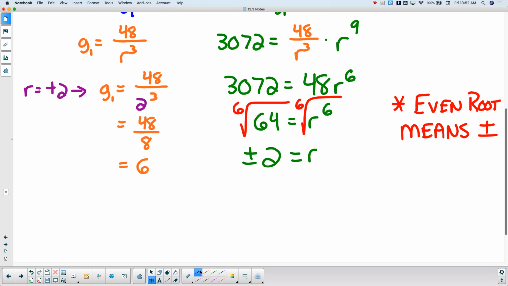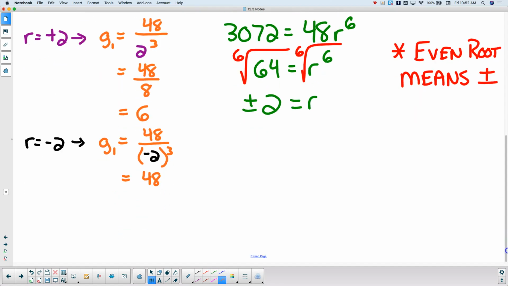When r is negative 2, then it's 48 over negative 8, which is negative 6.